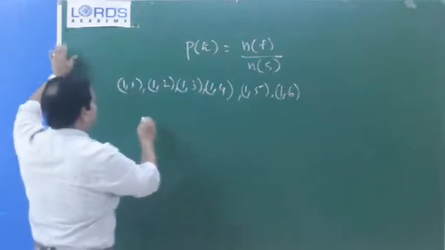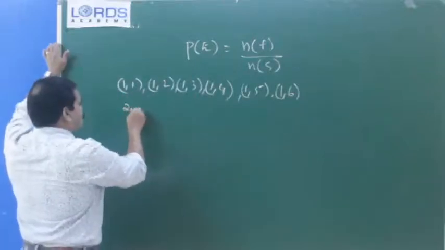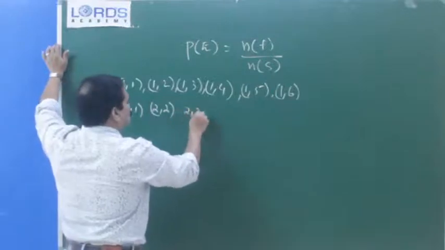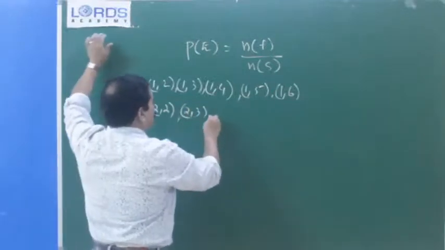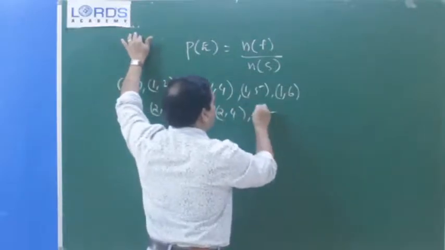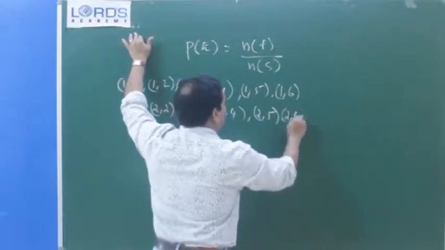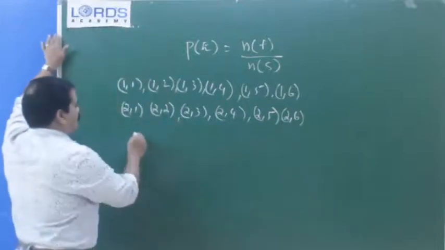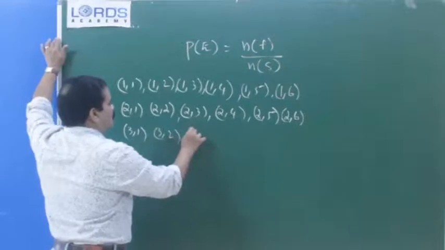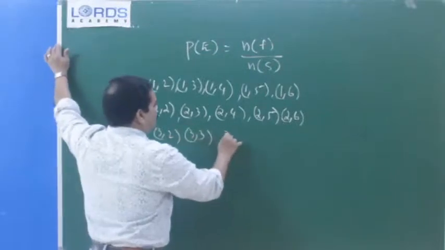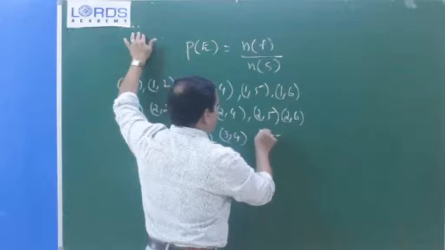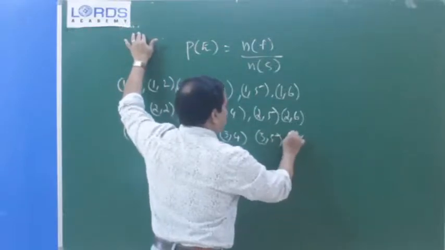The next, 2 1, 2 2, 2 3, 2 4, 2 5, 2 6. Then 3 1, 3 2, 3 3, 3 4, 3 5, 3 6.